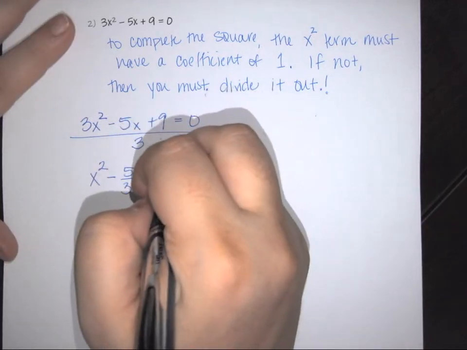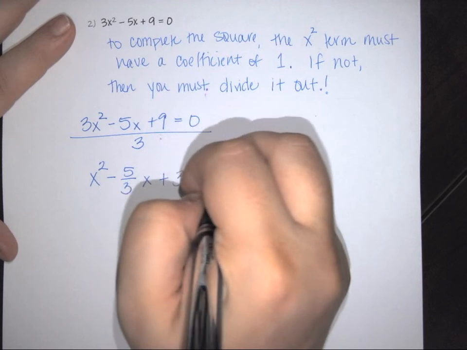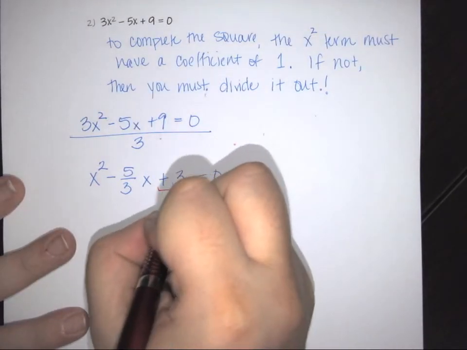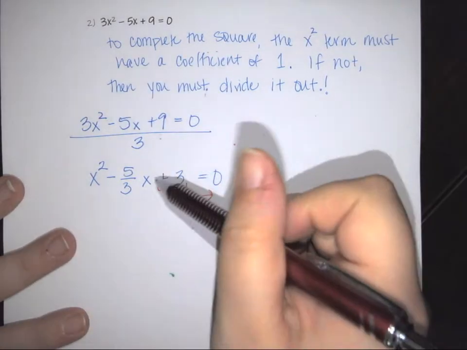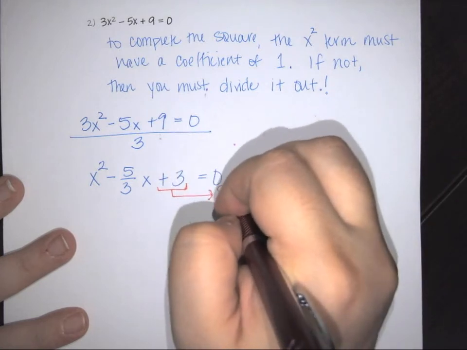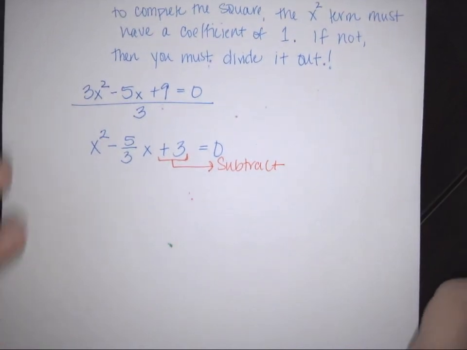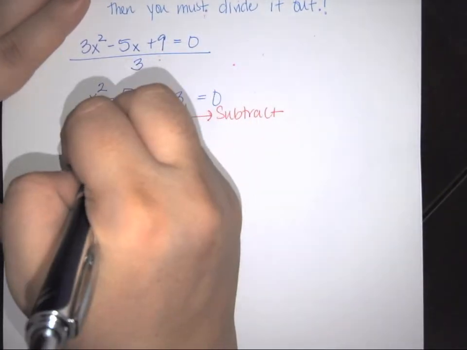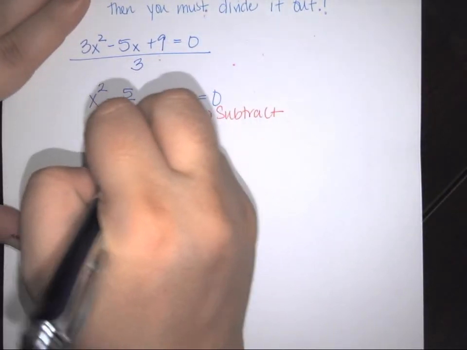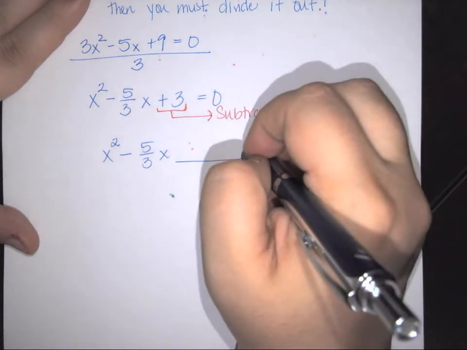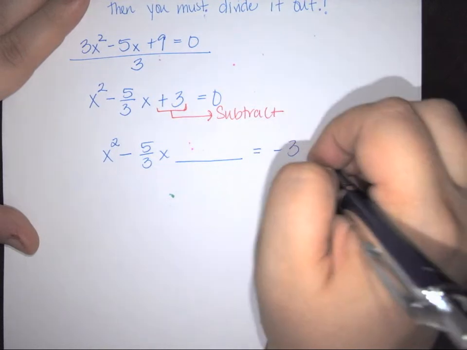And my constant becomes plus 3 equals 0. I now have to take my 3, so this part here, and move it. It is positive, so I have to subtract to make it negative, thus giving myself x squared minus 5/3 x is equal to a negative 3.